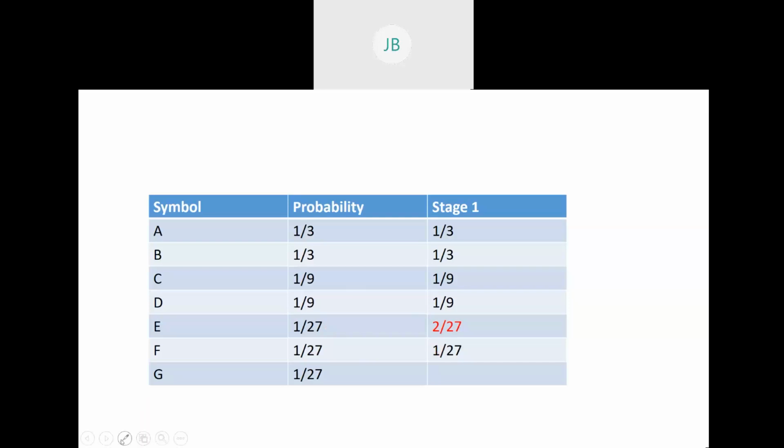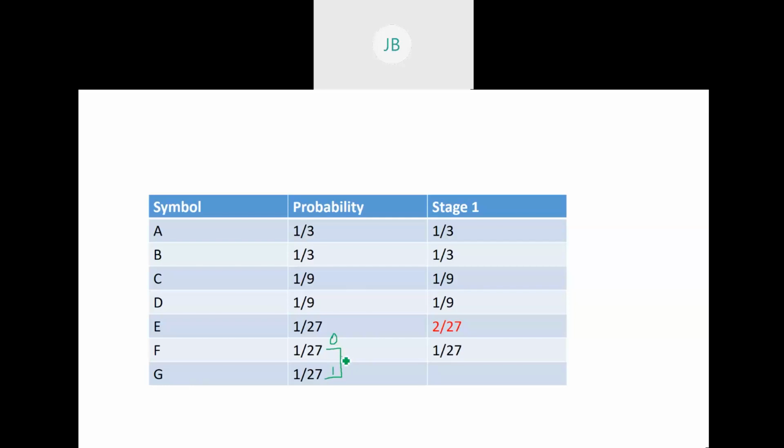I will use the pen to show you the first step. Here we have 1 by 27, 1 by 27. We add these two and assign a 0 to the upper symbol and 1 to the lower symbol.